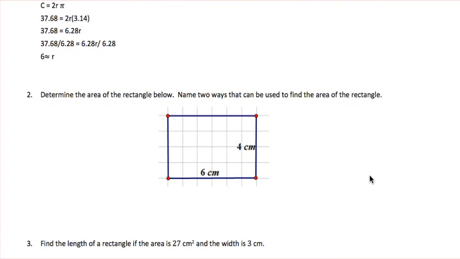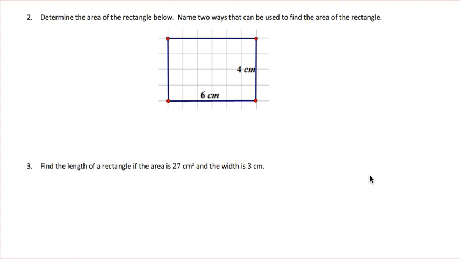Next, we'll look at the area of a rectangle. Now, two ways that we could find the area of this rectangle. We could count the square units, or we could calculate by multiplying length times width.